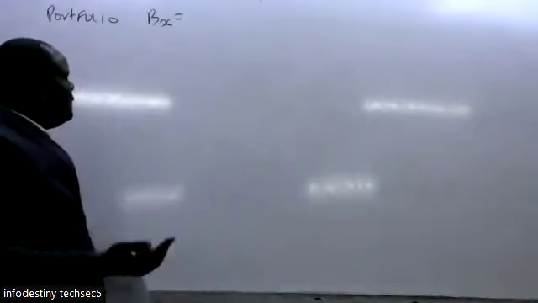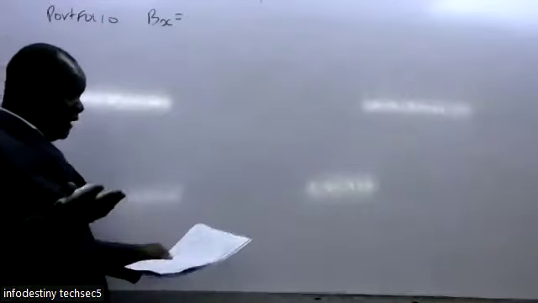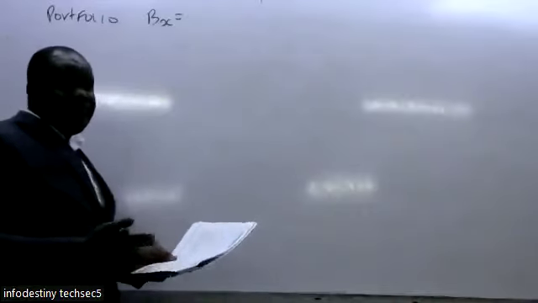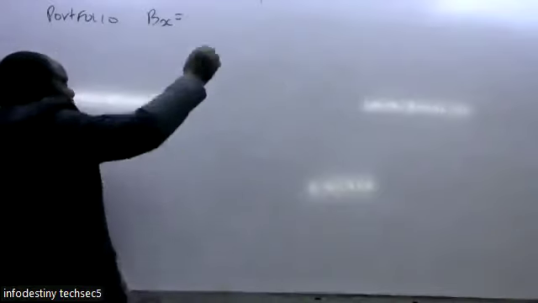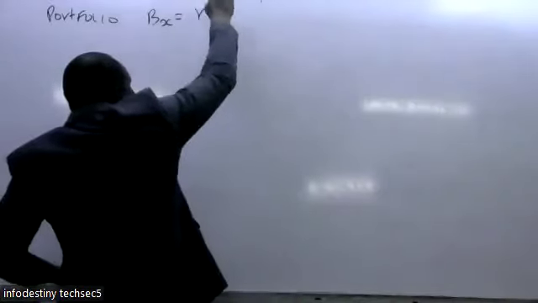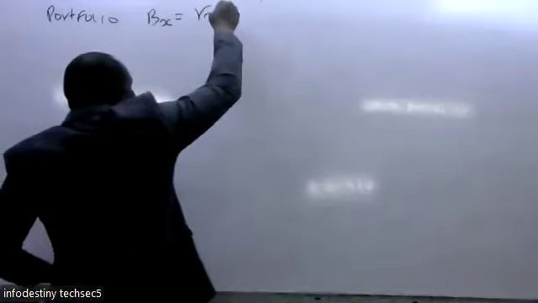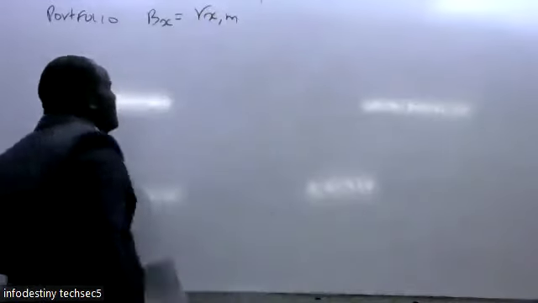So the beta for, say, security X, X will be representing each one of them. It will be given by the correlation coefficient between X and the market.